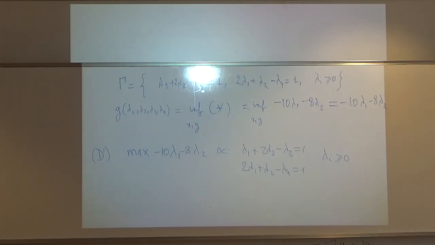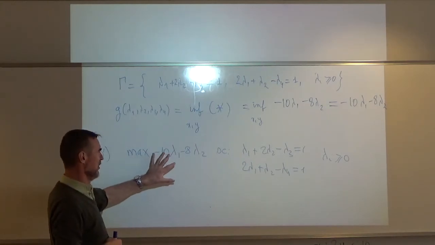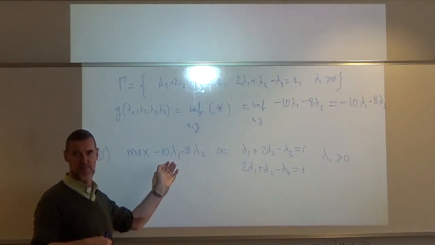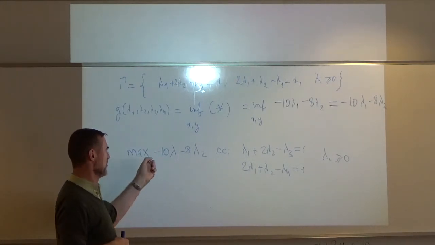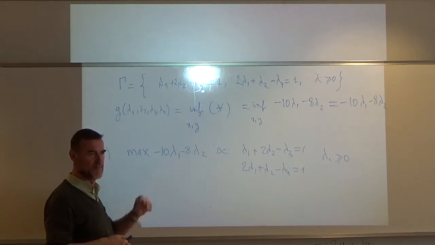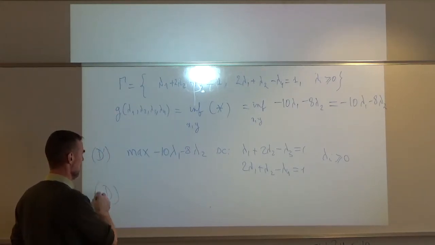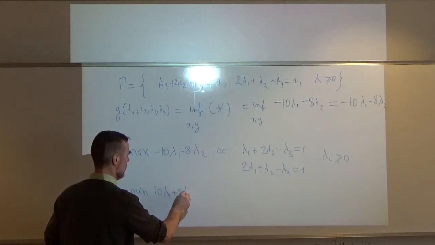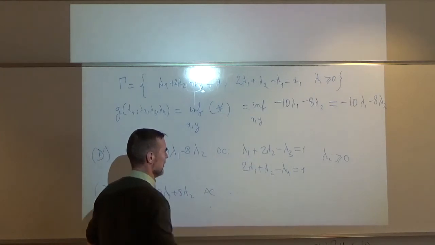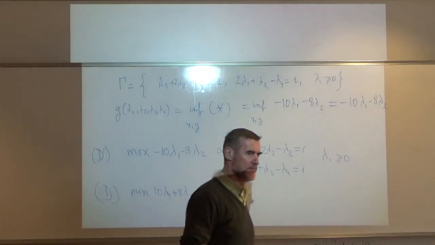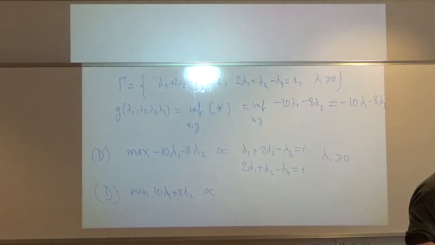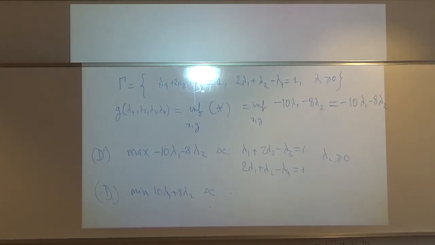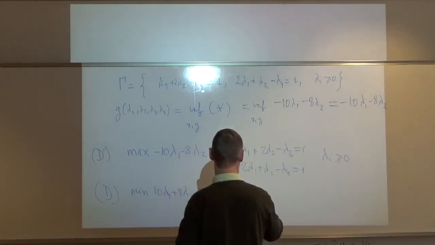Now, if I want the dual problem of my original problem, which was not P prime but P, I need to take minus the objective function of this. So minus the max of minus the thing is the min. So D is min 10 lambda 1 plus 8 lambda 2 subject to the same constraints, which I will rewrite.